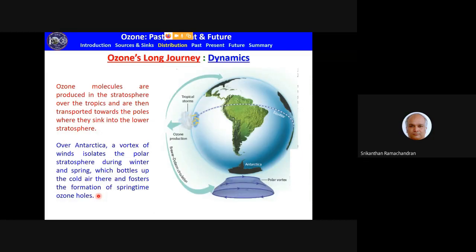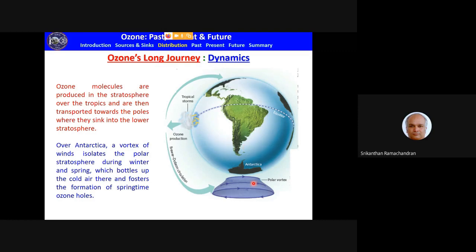Once it is produced in the tropical stratosphere, the ozone does not stay there, it gets transported because of the dynamics. So it actually undertakes a long journey to cover the whole globe to give us all the protective UV shield. They get transported to all the other latitudes and all the way up to the high latitudes, and then they sink into the lower stratosphere there.